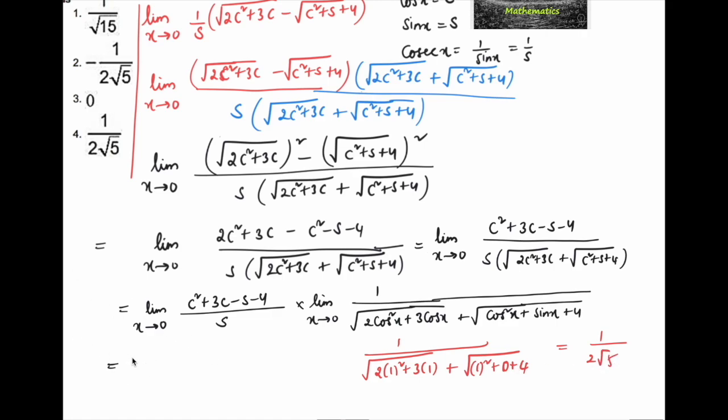So limit x tends to 0, or here I can write, before that, 1 upon 2 root 5 into limit x tends to 0, cos square x plus 3 cos x minus sin x minus 4 divided by sin x.